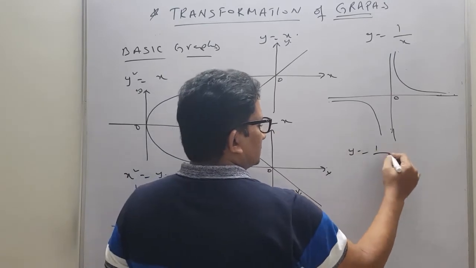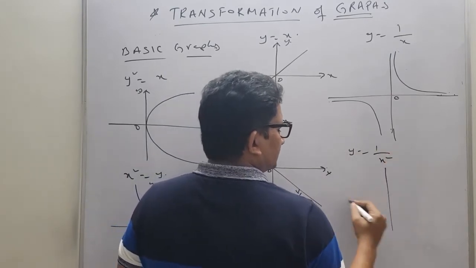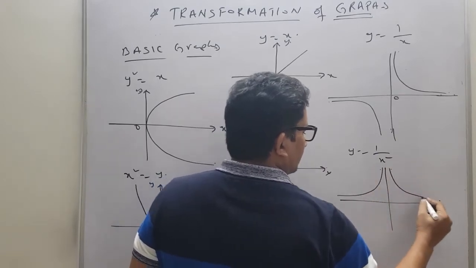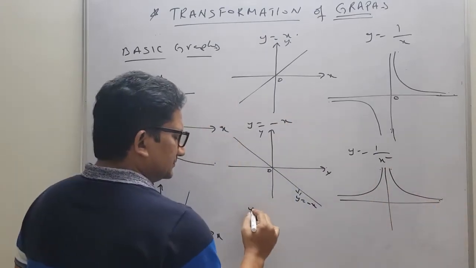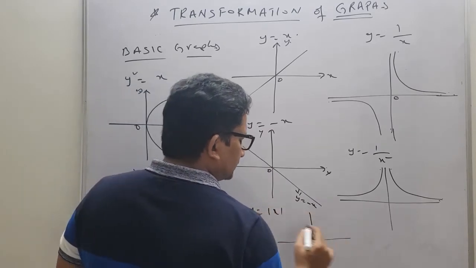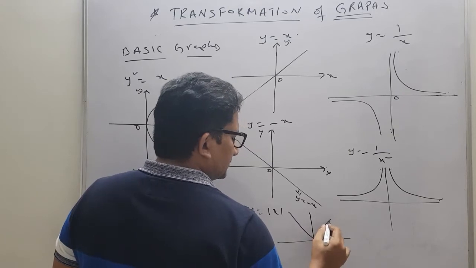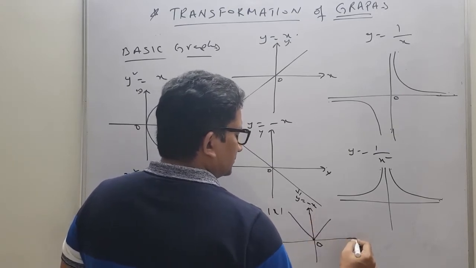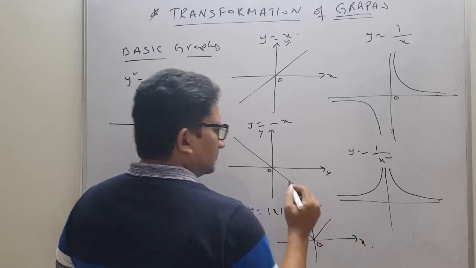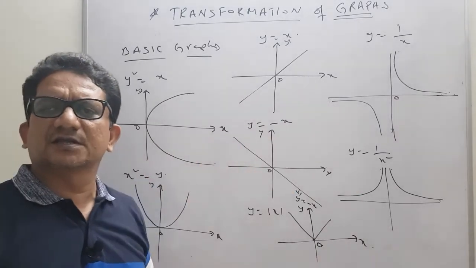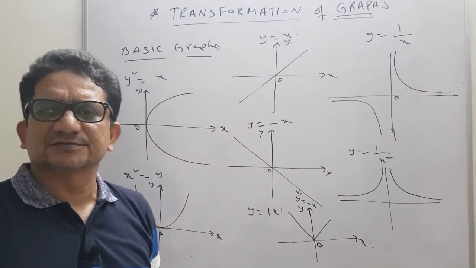Next, y equals 1 by x squared is the graph. y equals modulus x, most popular graph, you know very well, at the origin. So these are the most common and basic graphs which we require more frequently while doing transformations.